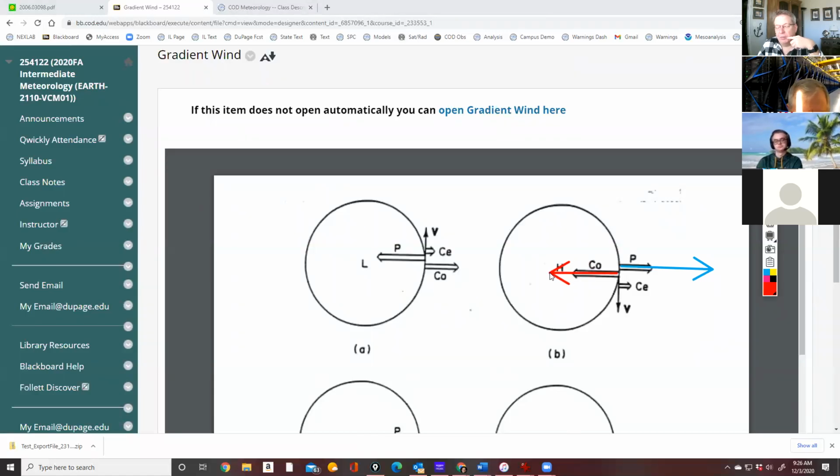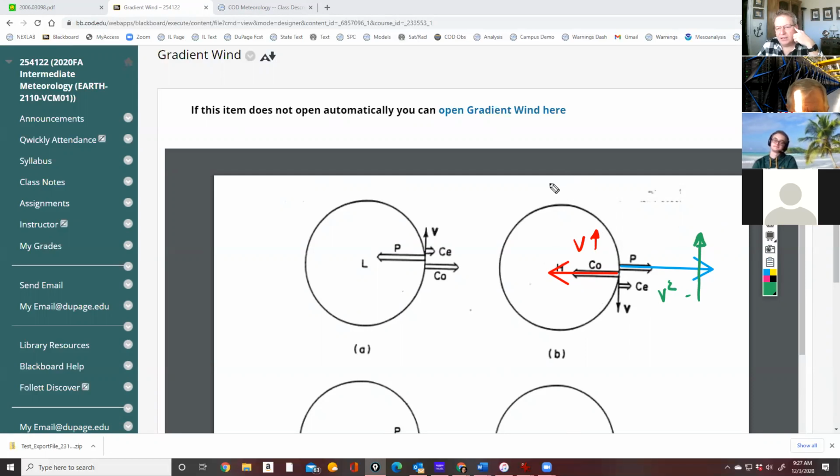So if it gets larger, how do I make the Coriolis force larger? The velocity has to increase. But when the velocity increases, what happens to the centrifugal force? It's going to go up by a lot more. So at some point, I can't solve this equation. What is the limiting case for that?